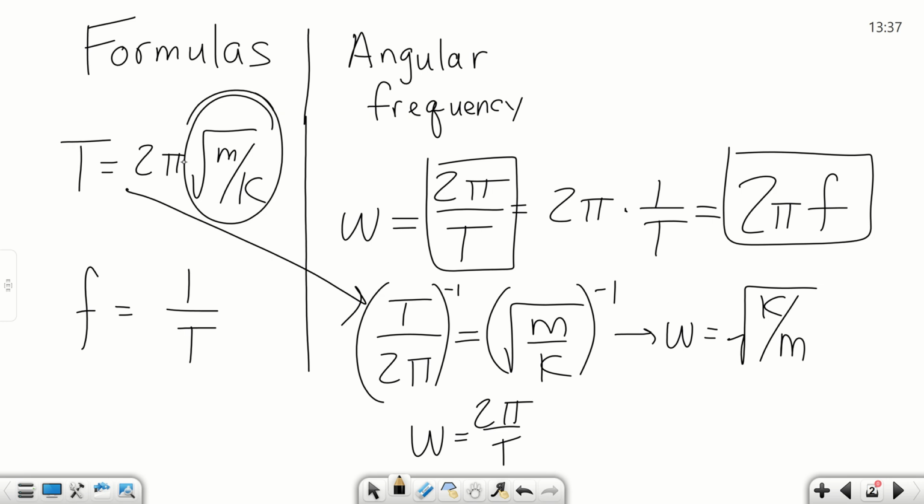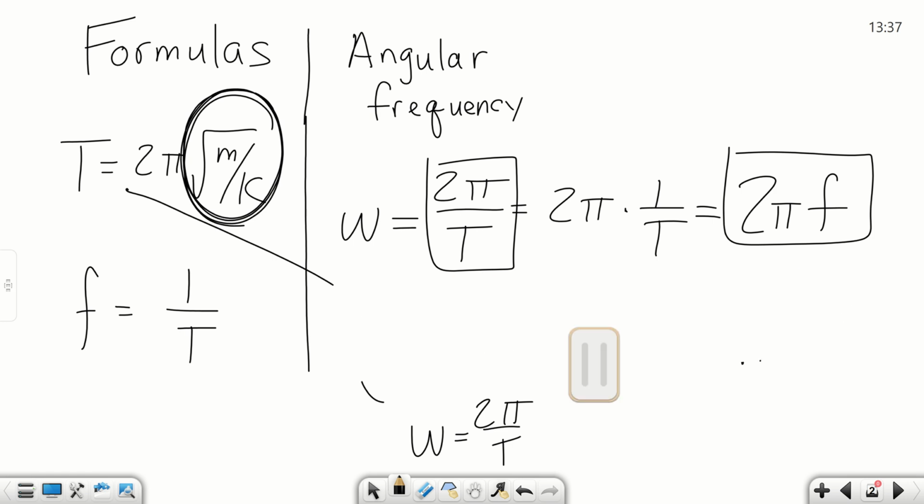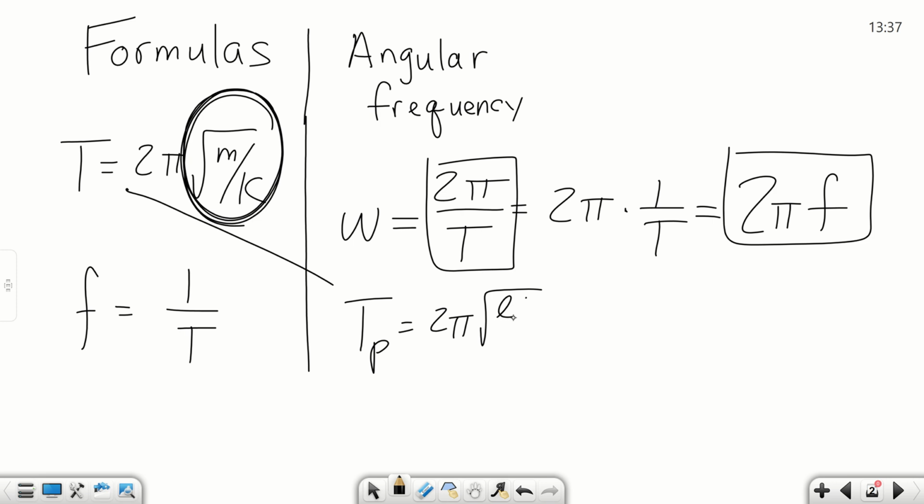So what's given in the formula for the period of a spring, the 1 over angular frequency, is what's under the root. We can do the same thing with the pendulum formula. The period of a pendulum is equal to 2 pi times the square root of length over g. Again, the period of the pendulum over 2 pi equals root L over g.